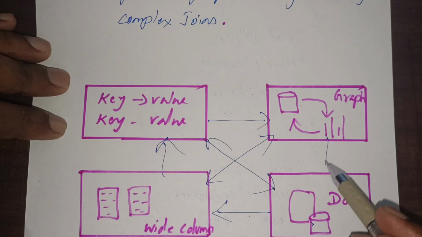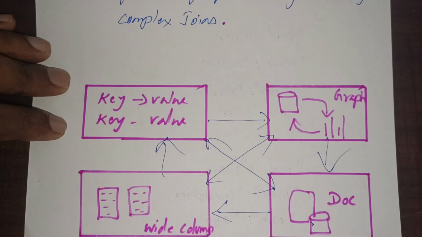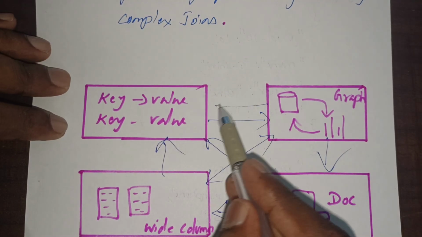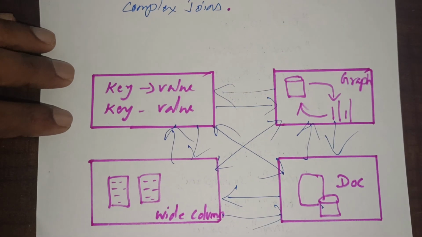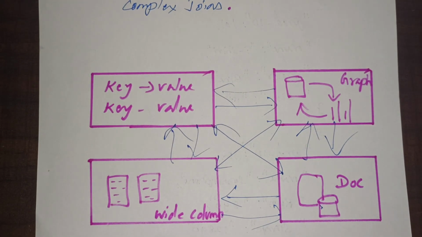Document, graph, key-value, wide column. So NoSQL is open for any kind of access requirement.